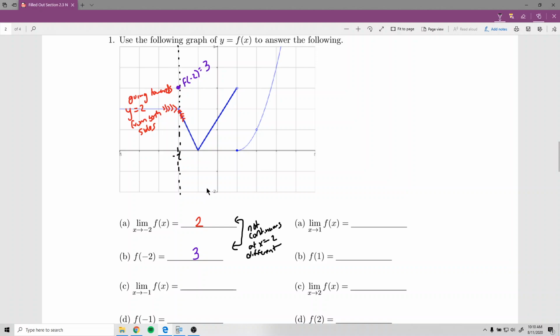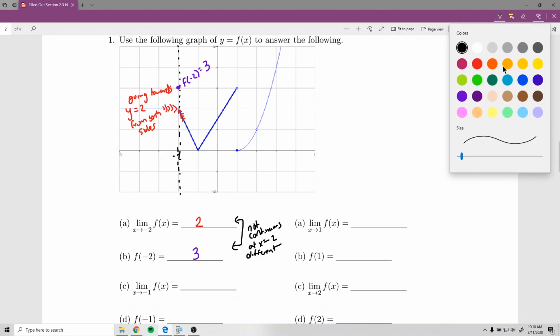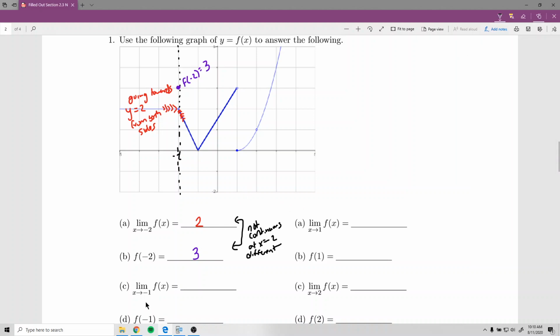Okay. All right, so the next one we are interested in is x equals -1. And what is the limit as x goes to -1? Well, from both ways we are approaching 0. If we come at -1 from the left, we are going towards 0.